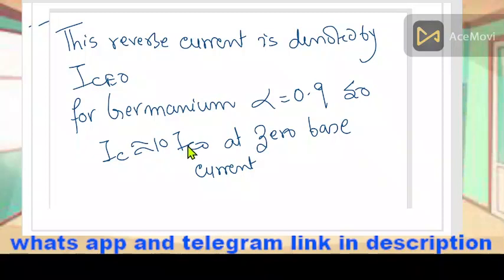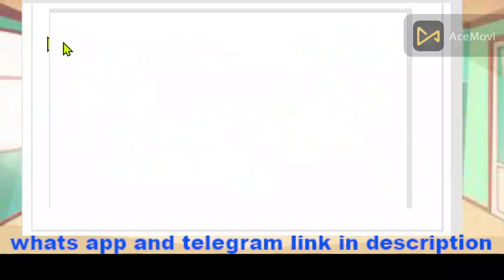So if you are putting the base current equal to 0, then even at 0 base current, there is a significant amount of reverse current, the leakage current, that is flowing. So what will be the effect of this?